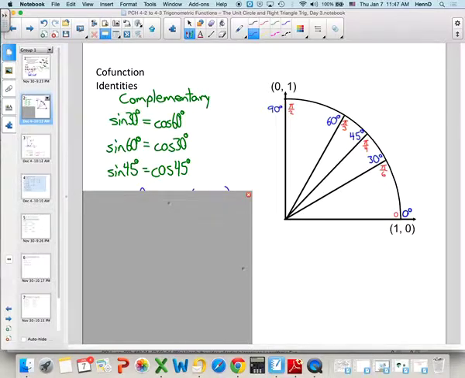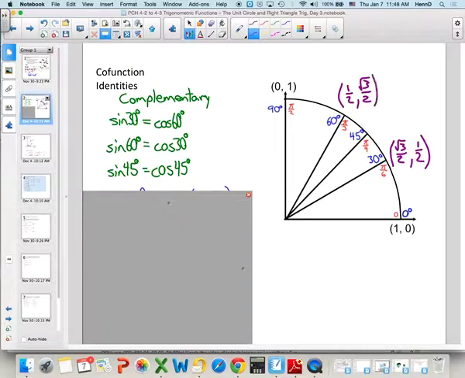Let's look a little closer at this first quadrant. The sine of 30 degrees: 30 is the point root 3 over 2, 1/2. The point at 60 degrees, or pi over 3, is 1/2, root 3 over 2.